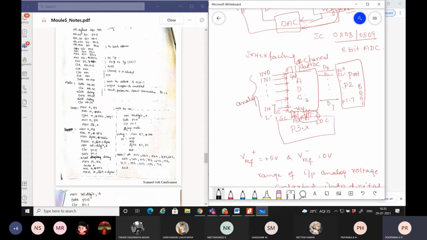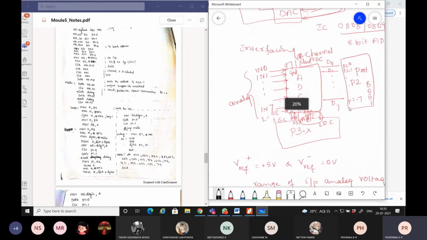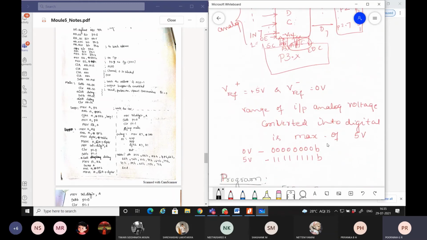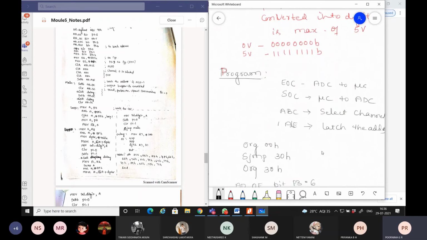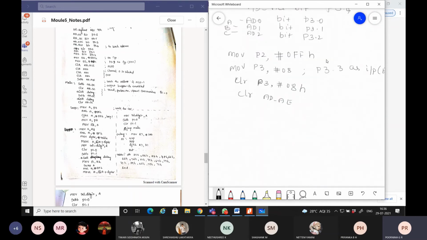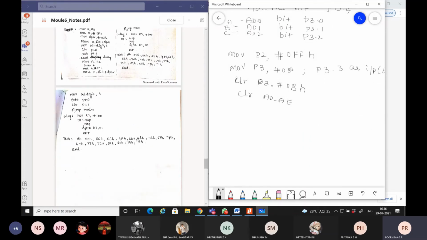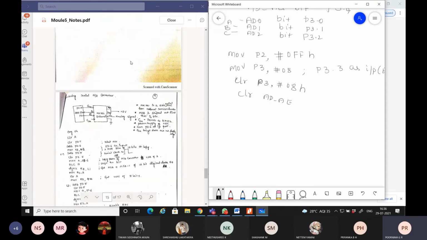Once the conversion has been finished, the ADC will send an end of conversion pulse to the 8051. So by seeing that end of conversion pulse, the 8051 is going to terminate the operation, or if it has to continue for some more values, it will continue. For which some initializations need to be done, all of which I've already explained, but the program you can go through.